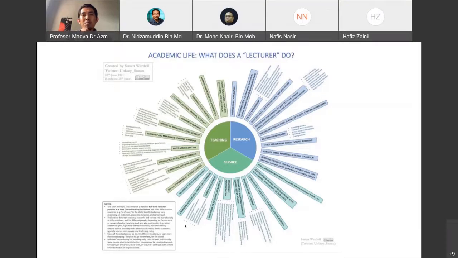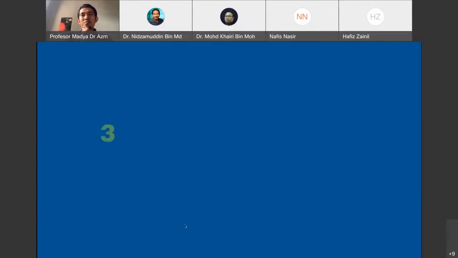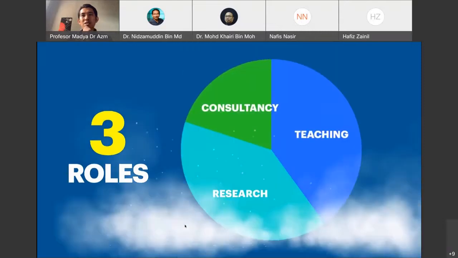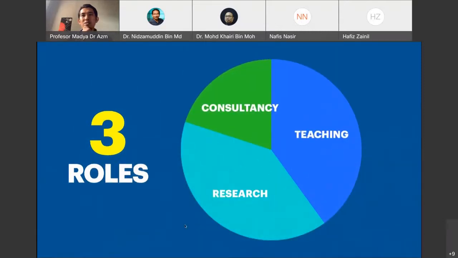But I myself would like to also divide the roles of academicians into 3, the same as the previous image: teaching, research, and consultancy. What we mean by teaching is the way we pass on the knowledge, or spread the knowledge, especially to students.